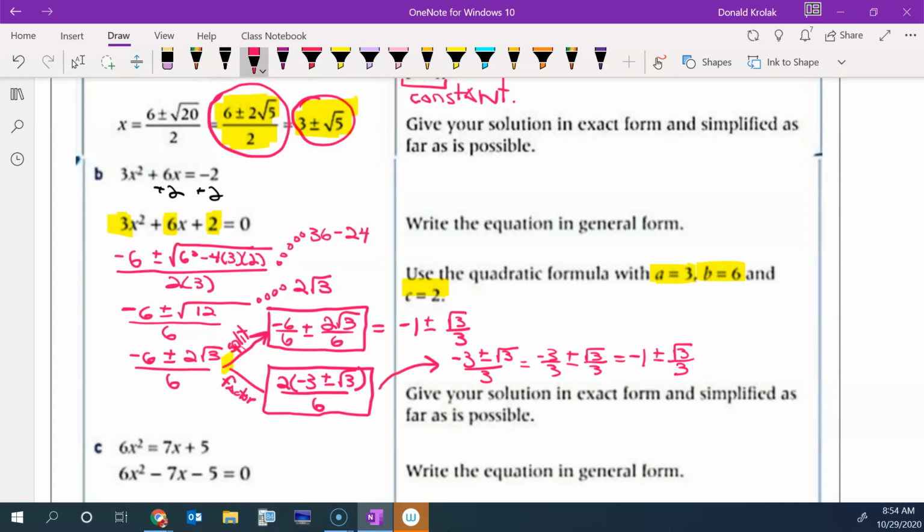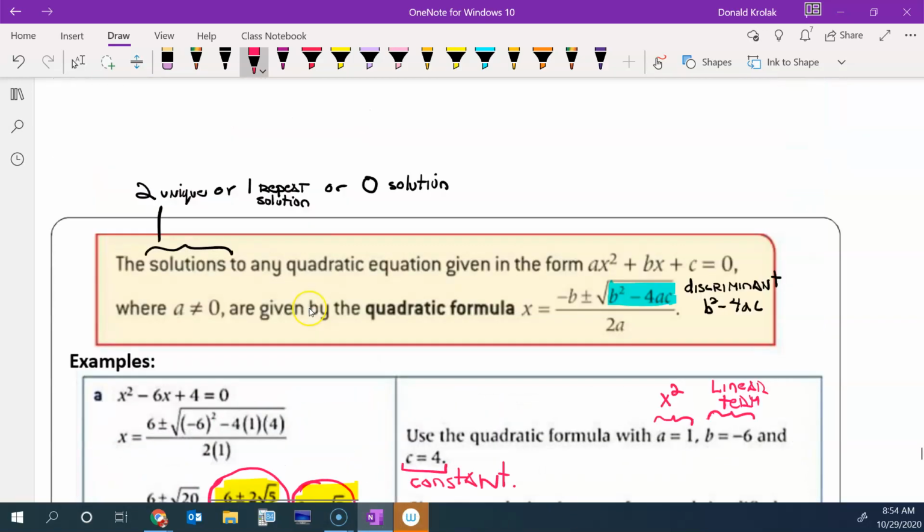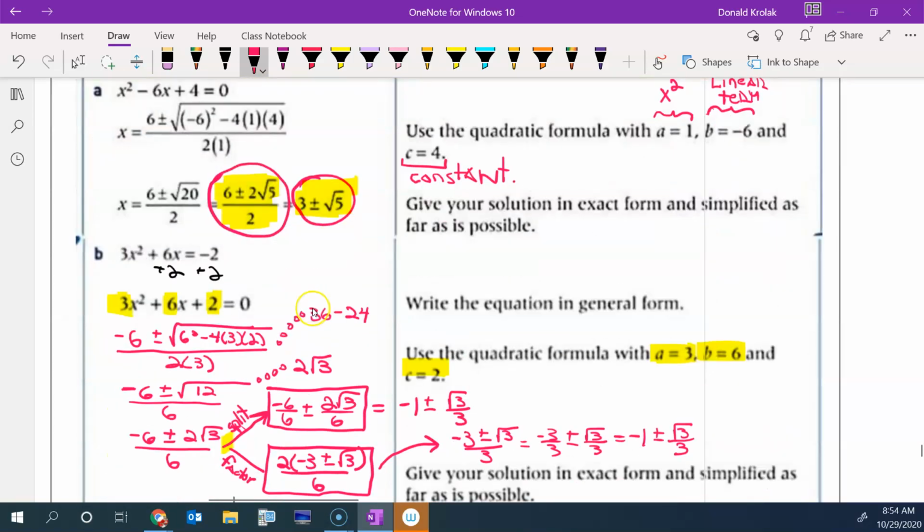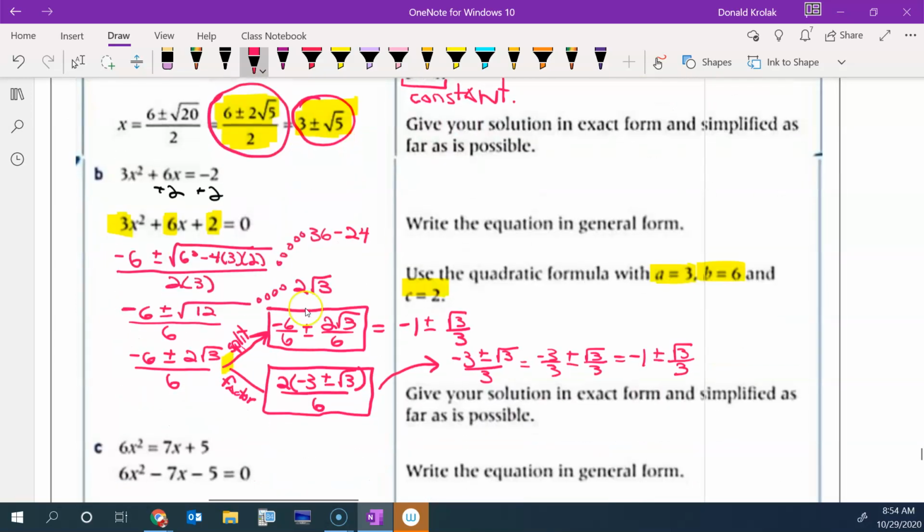So this one has two unique solutions: negative 1 plus root 3 over 3 and negative 1 minus root 3 over 3. That's two solutions.